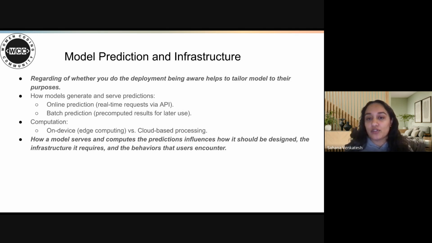Let's take an example of Netflix recommendation systems. Here, Netflix makes predictions in batch, and they are computed offline and in the cloud. How should the model be designed? Because the predictions are generated in batch, accuracy is more important here, not latency.